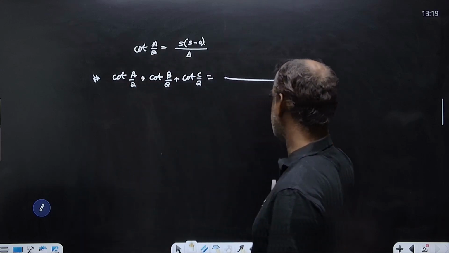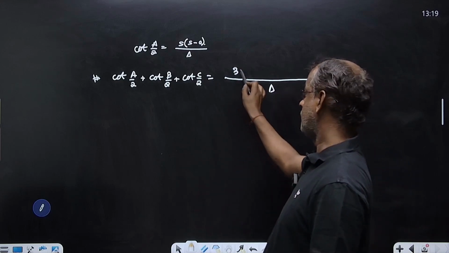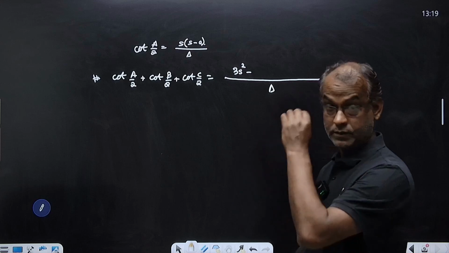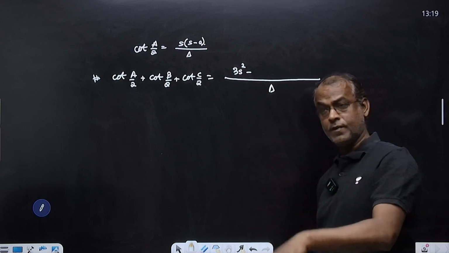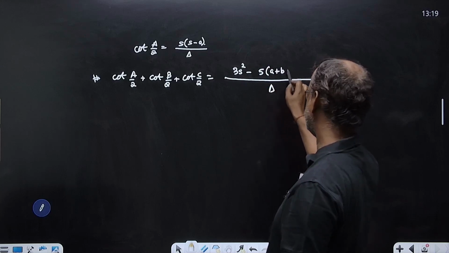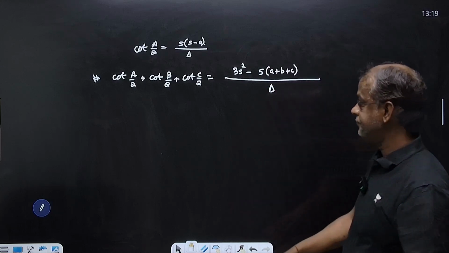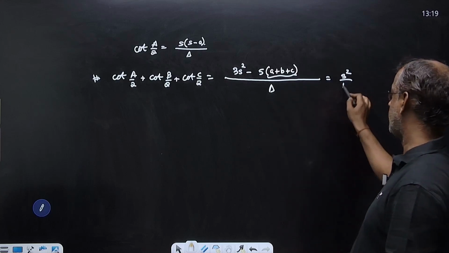Its denominator is going to be delta, delta is area of the triangle, 3s square minus s into s minus a plus s into s minus b plus s into s minus c, which is s into a plus b plus c. This is 2s, this is s square by delta.